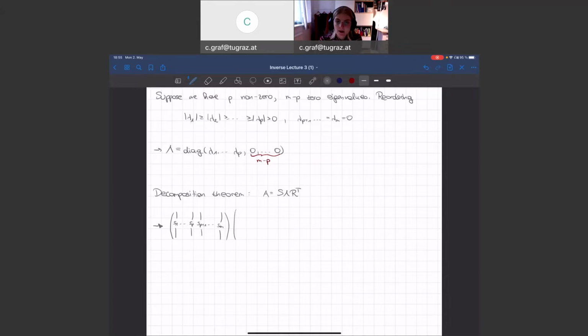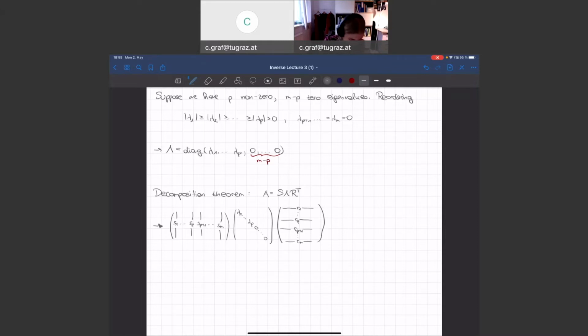Next, we have the diagonal matrix lambda, where we have, by definition, lambda 1 to lambda p, followed by the zeros. And last, we have the matrix R. So in the first row, we have R1 going to RP, followed by RP plus 1, going to RM.